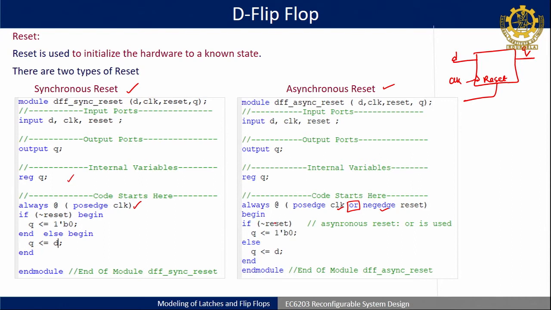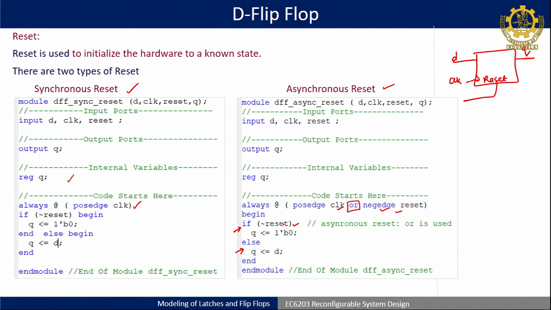First the reset is checked here, then Q equal to D happens under a different condition. If reset is low, Q will become directly 0. That means the reset is triggered here. Since reset is in the sensitivity list using an OR condition, reset can act independently.